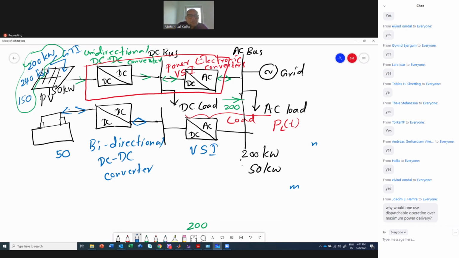When you have energy storage along with the PV module, then this mode of operation can be considered as dispatchable operation. Not only a battery, if you want, you can use a supercapacitor also.